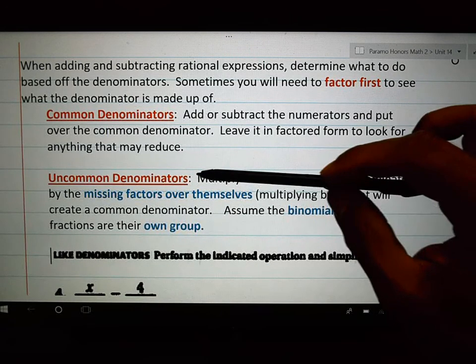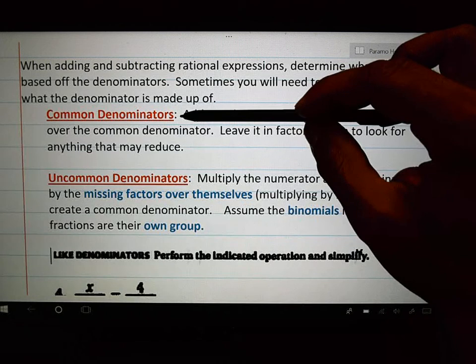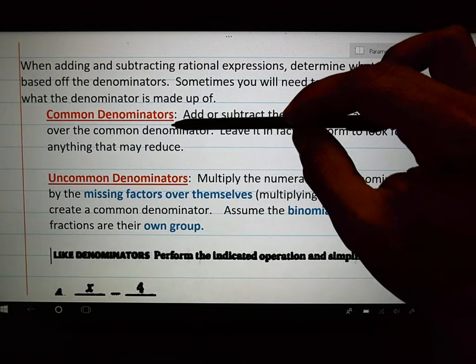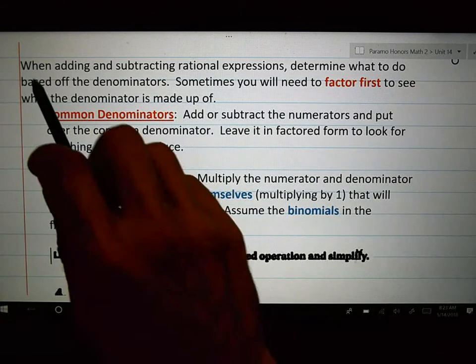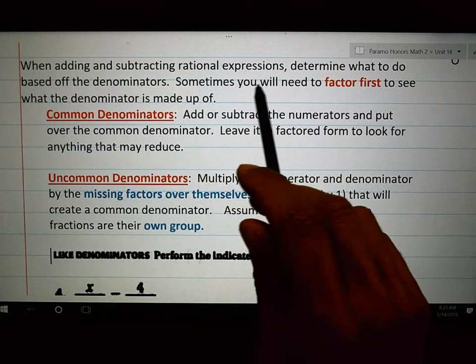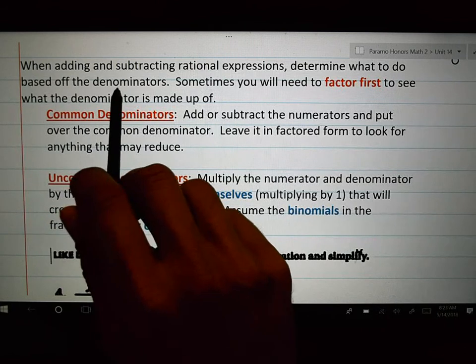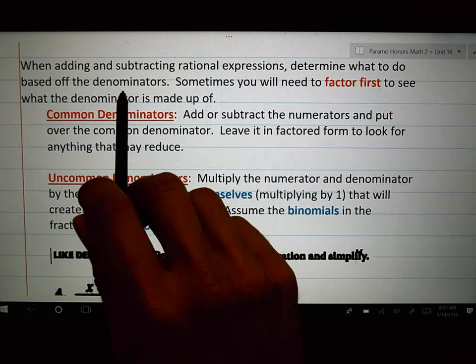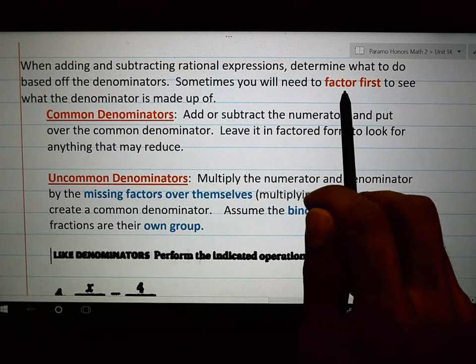You will spend most of your time dealing with the uncommon denominators because these ones are considered a whole lot easier, in my opinion, than these ones down here. When you are adding and subtracting rational expressions, what you have to do is determine what you're going to do based off of their denominators. I would recommend that sometimes you factor first.